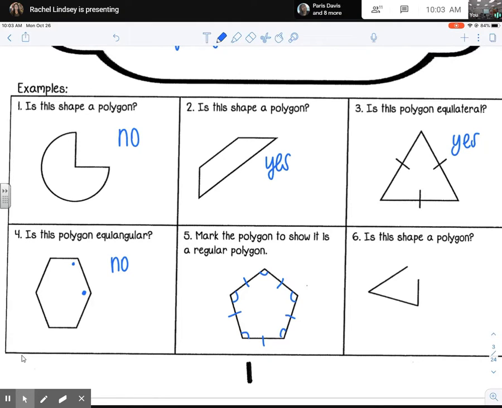So now since all sides and angles are congruent, that is now a regular pentagon. Okay, number 6, is that shape a polygon? No. Why not? It's open. Number 5 is not a yes or no, it's just to mark it.